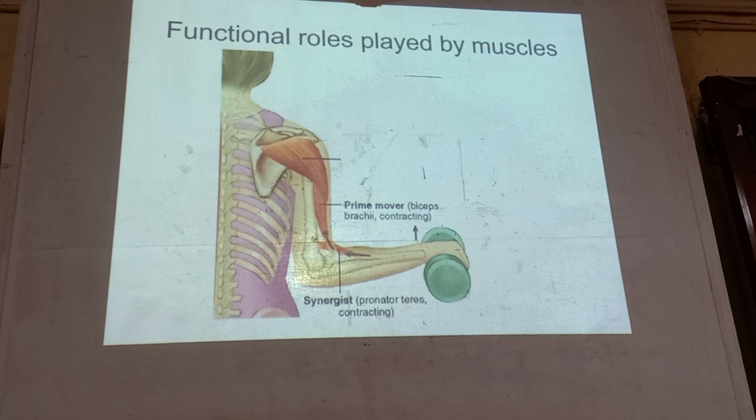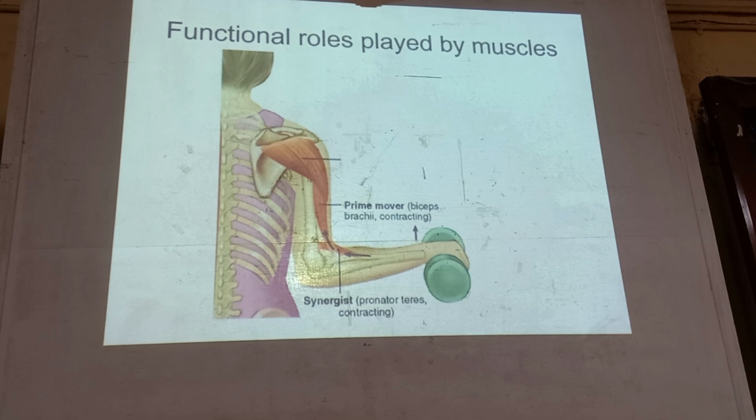In contrast, if you are lifting up the dumbbell in a supinated forearm, biceps and brachialis both go into contraction, but you don't require pronator teres to act because you want it in supinated position.